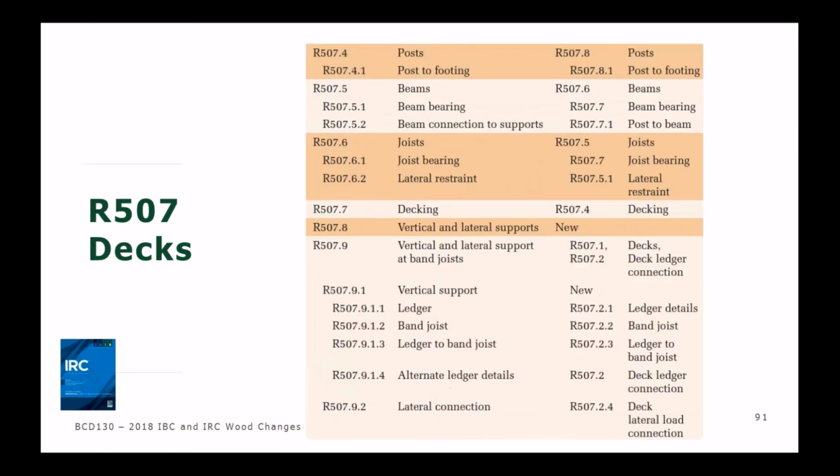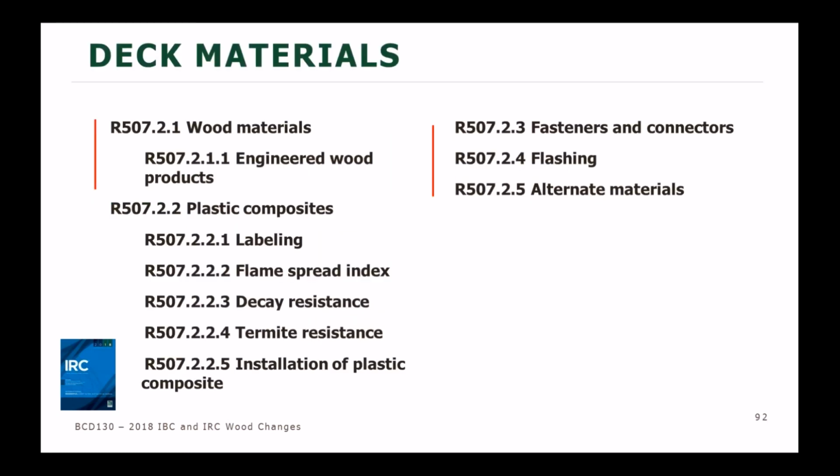So footings comes first in section 507.6. Then we look at posts, then at beams, at joists, at decking itself. And then in sections 507.8 and 9, we look at how you support this deck for lateral loads. So that's where we start to see those lateral connections show up in the requirements here. So we'll look at this in more detail.